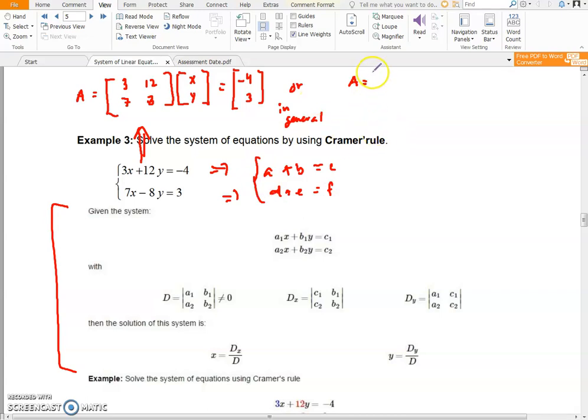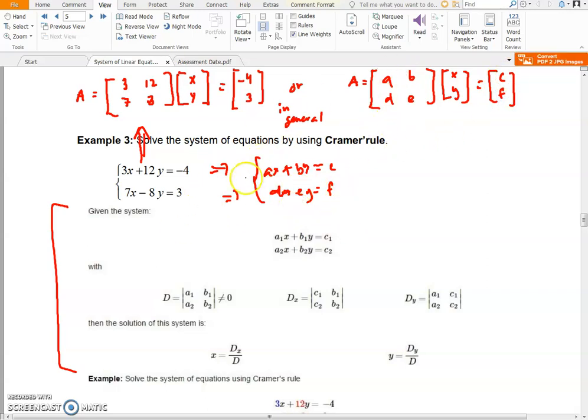So you can change it into the matrix A, B, D, E, multiplied by x, y, because you're supposed to have x with x and y with y here. So you put it as x, y, and it equals the values C, F. Okay, this is the matrix form of it.